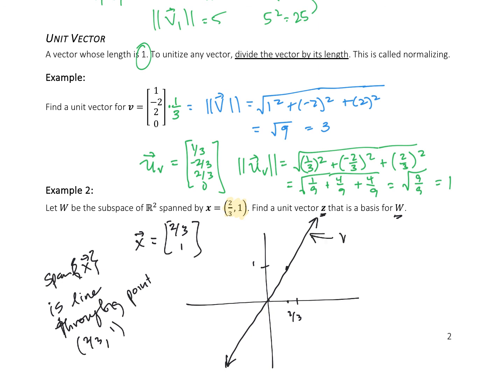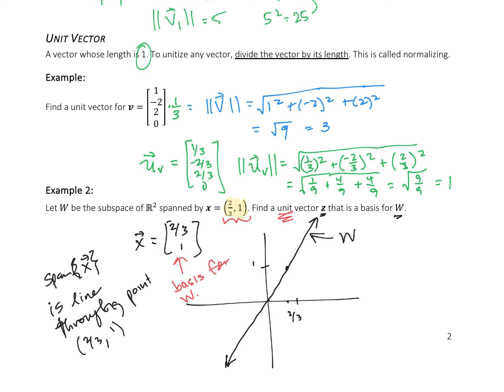So this represents w. And because we're talking about w representing a line, this here is a basis for w. What we're asked for is a unit vector z that is also a basis for w. Right, so we're not going to combine these two ideas together. We're just going to find a unit vector for this.